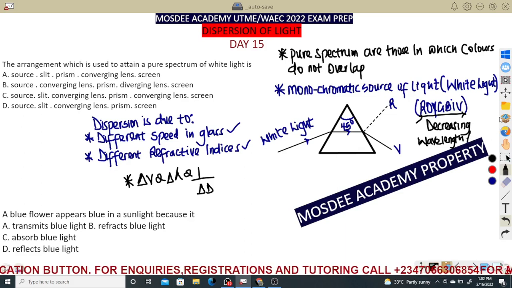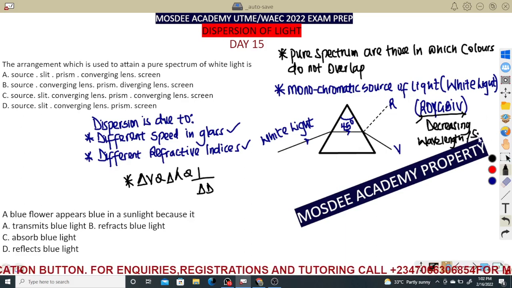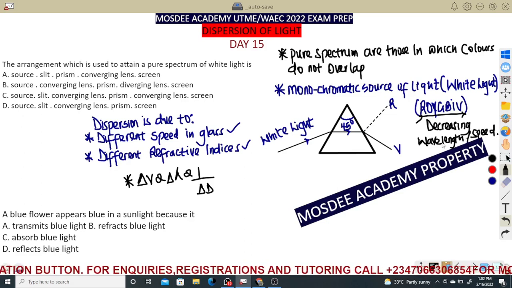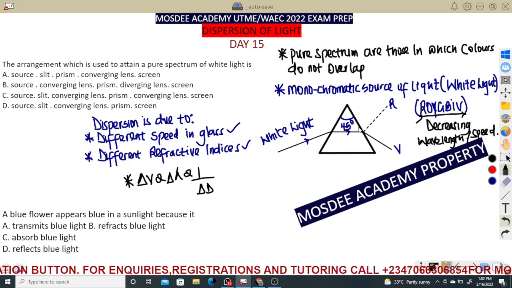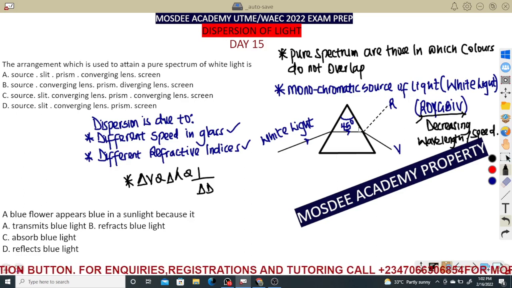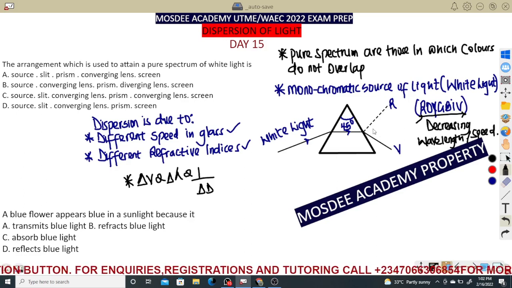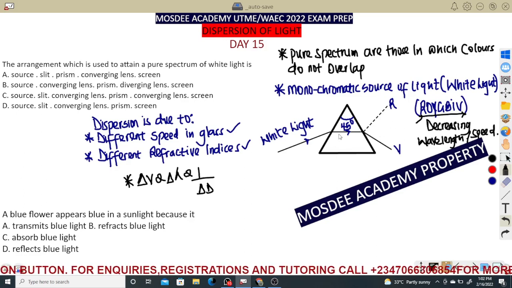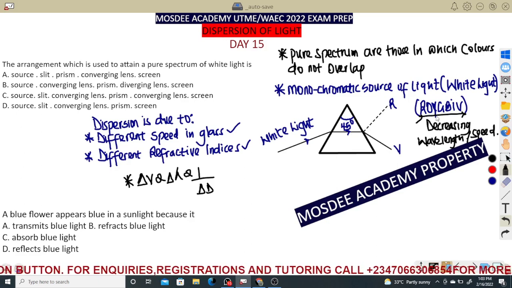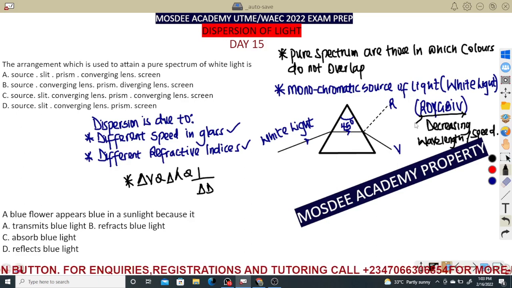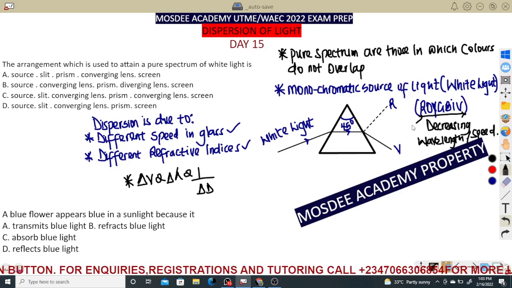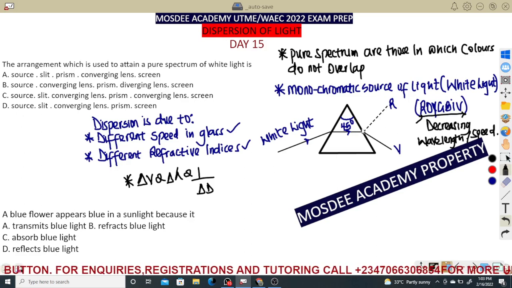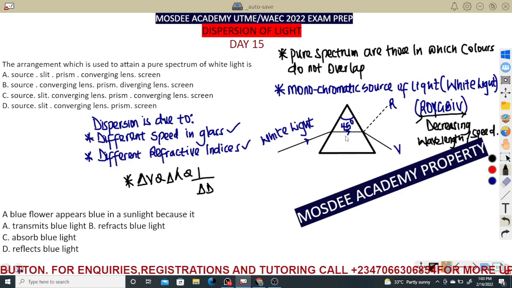That is how it goes if you are using WAEC. So speed or wavelength will take that. I'm taking time on it because I just want to talk about the concept, a quick concept, so I can answer questions very quickly. I hope you guys are here. The thing about this type of question is that their wavelength and speed decrease. But in terms of deviation, for example, which one is mostly deviated from the light?